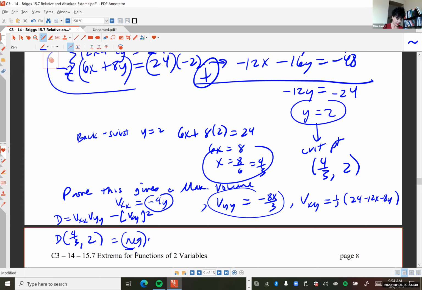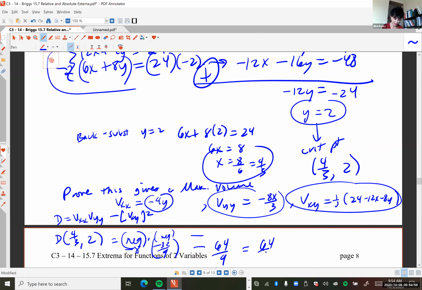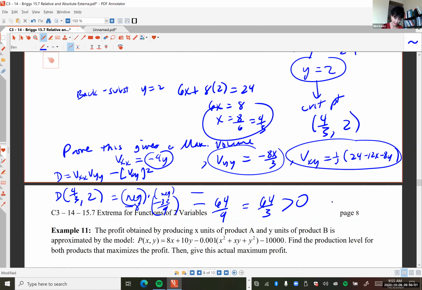I think this one is going to be -8, and this is also something negative. I think this is -32/9. And then minus, when you plug in your point here, this is going to be terrible. You're going to get -64/9. Oh, good Lord. And then that's going to end up being 64/3, but that's positive. Okay, that's good. But the Vxx is negative when you plug in that point.